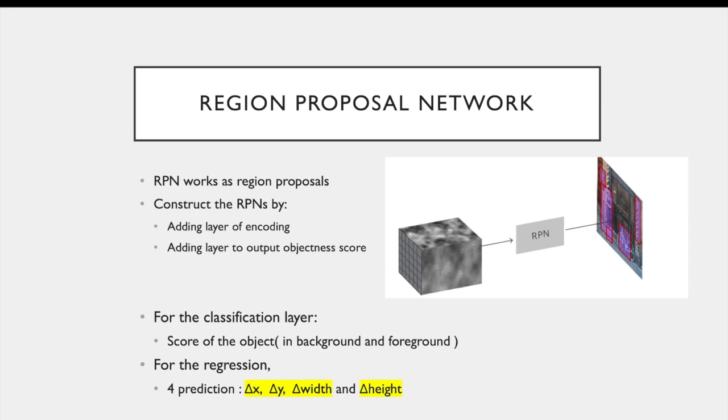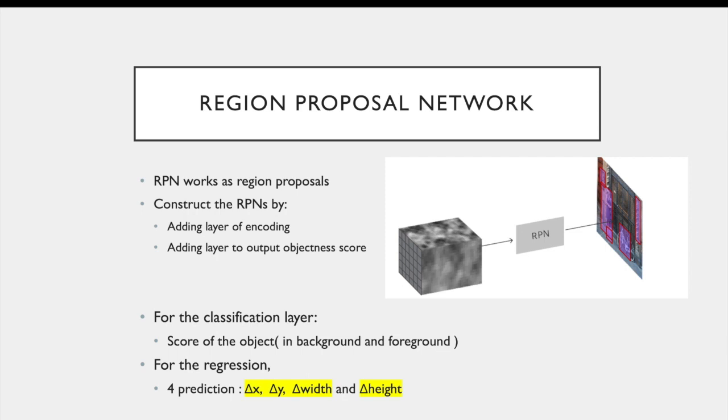The accuracy has been proven to be much better than the strong baseline of selective search with Fast RCNN. This completely gets rid of the selective search at test time, since selective search takes a huge amount of time.